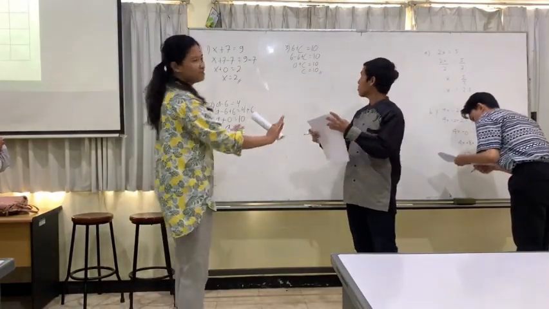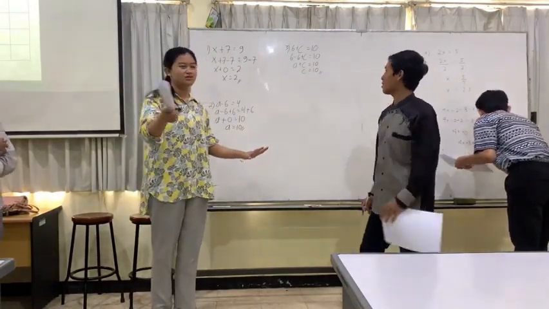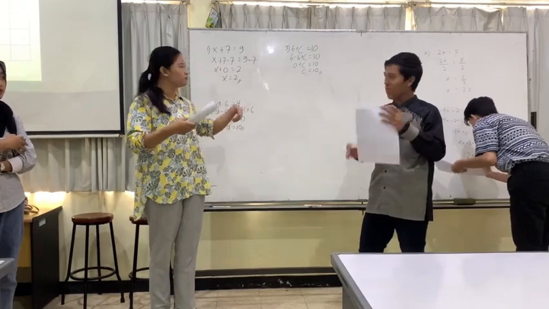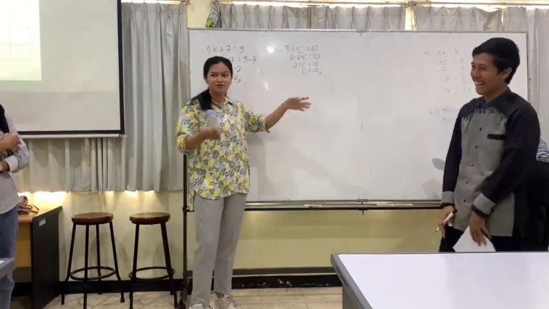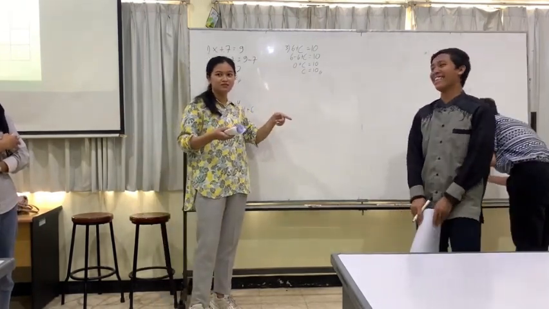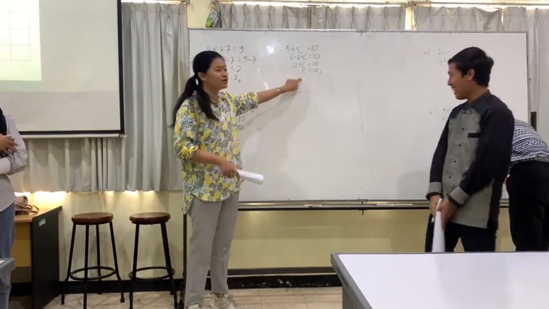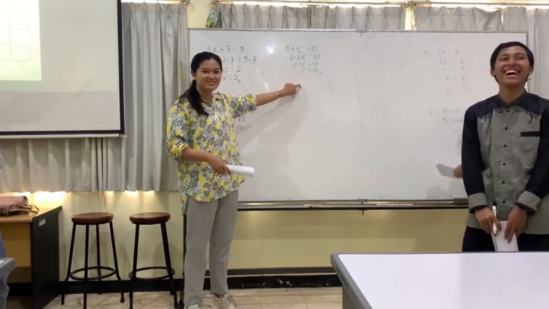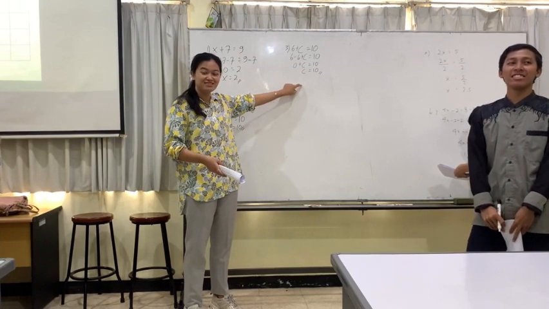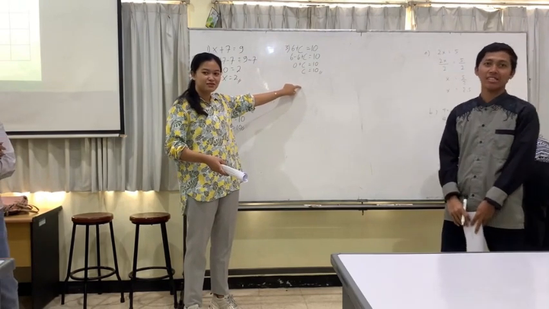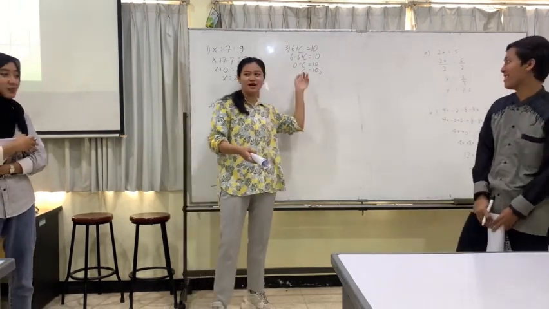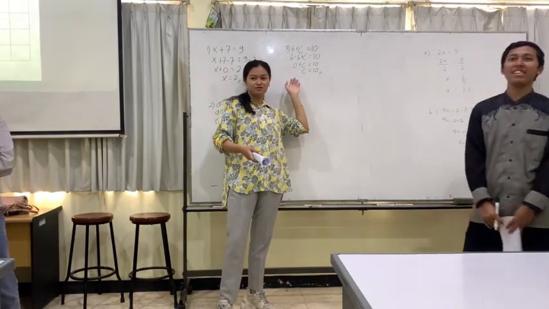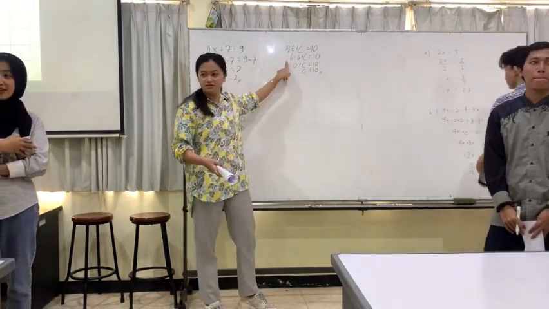Okay, stop. For the students, do you have any argument? If you have any idea, I will give a clue for this equation. Is it right? No, okay, in which step? Can you explain?